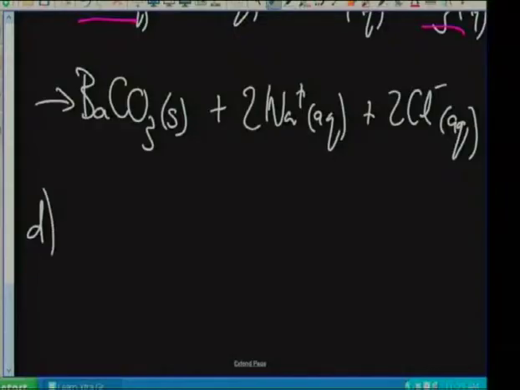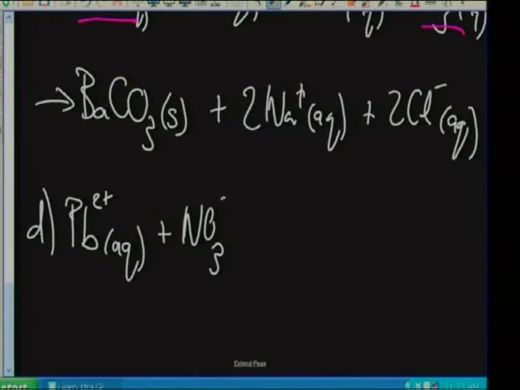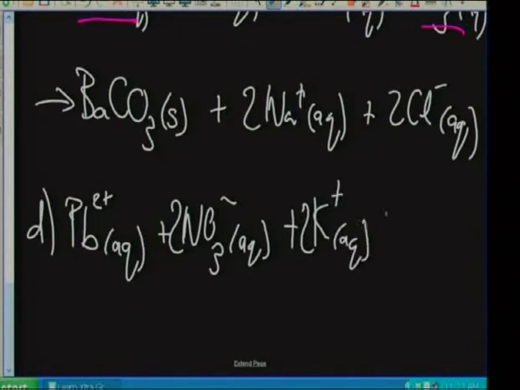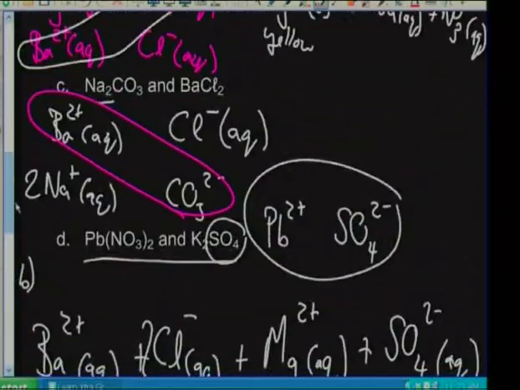We're going to take lead, and in that case it was lead nitrate, so it's Pb2+ (aq) plus NO3- at least 2 of those, also in aqueous solution, plus some potassium ions, and there were 2 lots of those, in aqueous solution, plus my sulfate ions, beg your pardon, that was sulfate ions. Just check it.